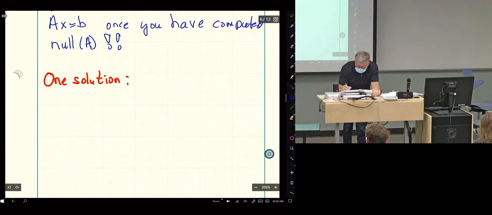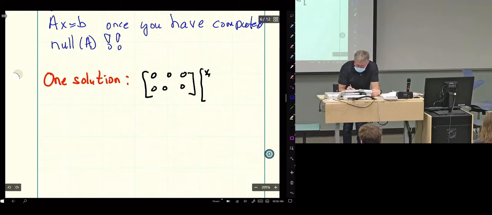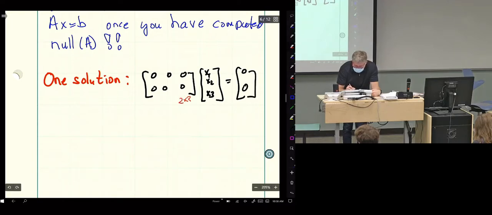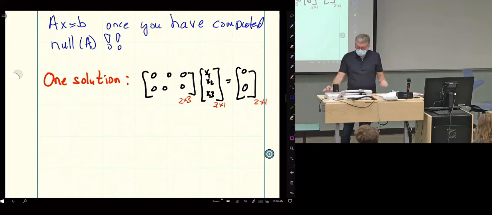For example, let's take A as the matrix of all zeros, 2 by 3, times x1, x2, x3 equals 0, 0. This is 2 by 3, 3 by 1, 2 by 1. So everything is a solution to this, right?